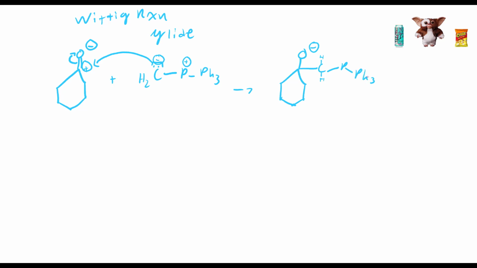Now recall that the PPh3 is just 3 benzene rings attached to that phosphorus. Okay, so don't forget that.